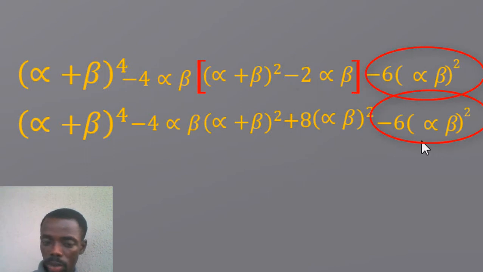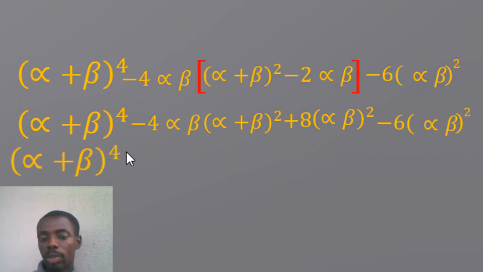So let's look at it very well. Do I still have any values we can simplify? Alpha plus beta raised to the power of 4 and this minus 4 alpha beta multiplying alpha plus beta all squared. That's another term. And I'm having a third term here, plus 8 alpha beta all squared. And this minus is alpha beta all squared. So this plus 8 and this minus 6 are two values having the same terms.